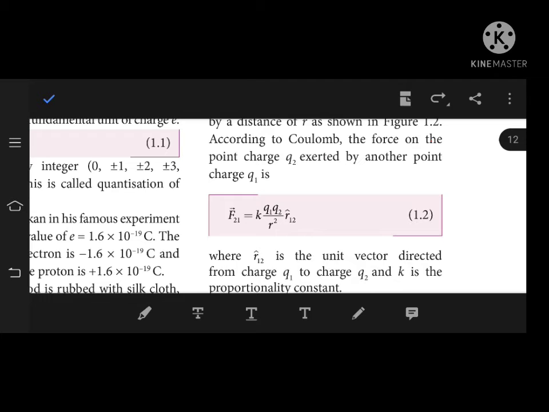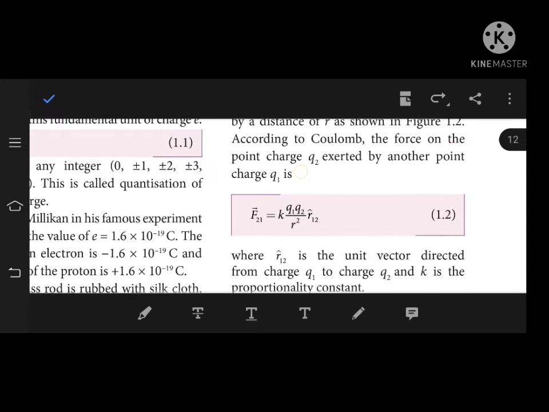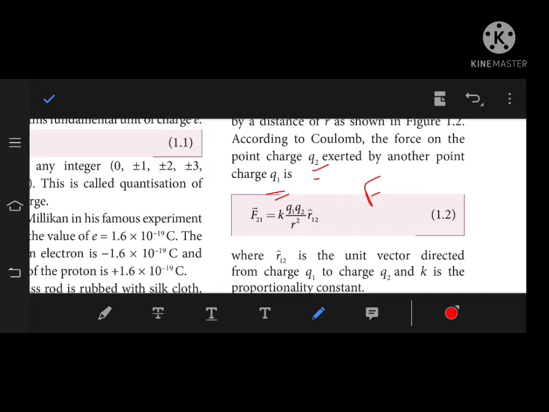the force on the point charge q2 exerted by the other point charge q1. Now, in vector notation, this is the force on the charge q2 by the charge q1.